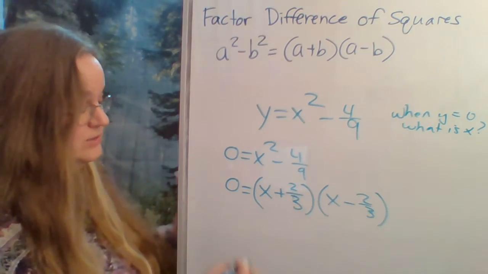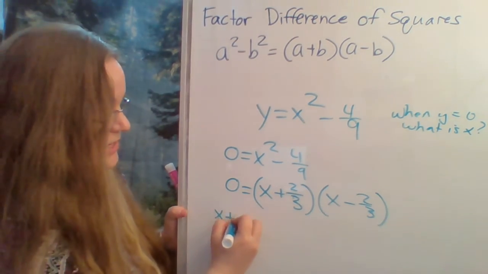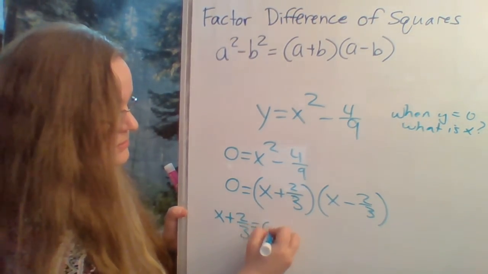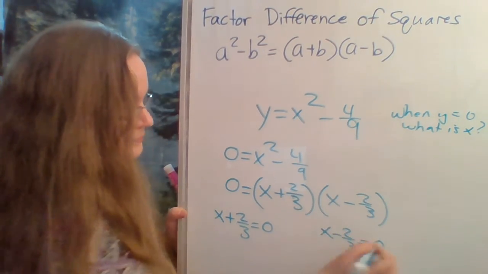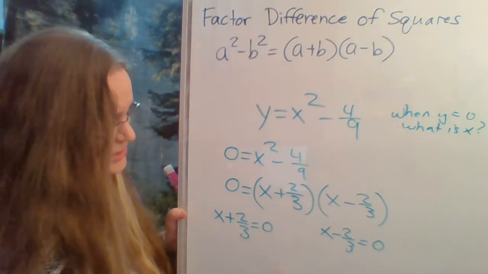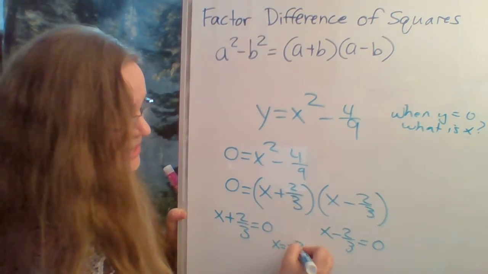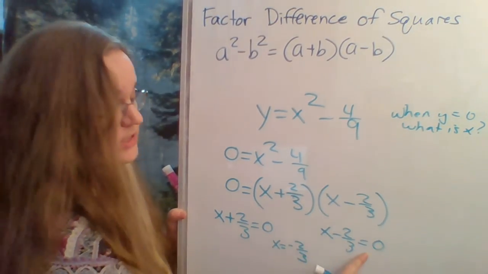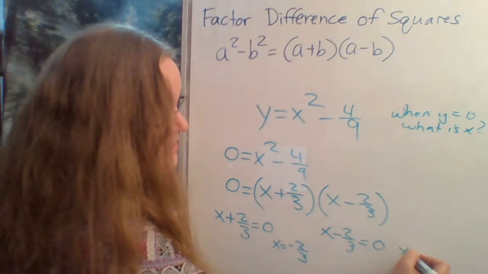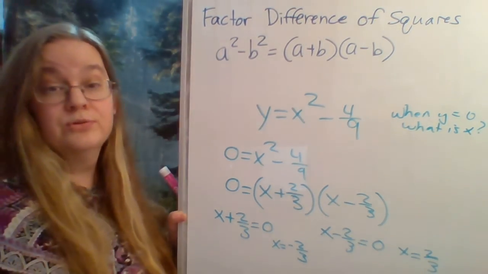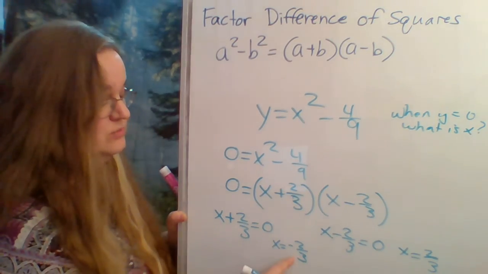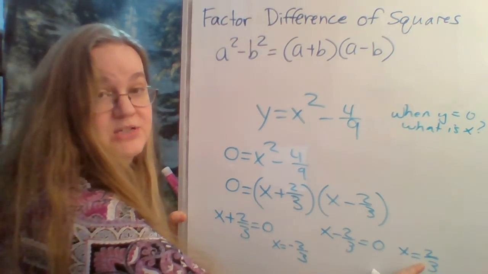If I want to tell you what the answers, the roots, are, I just make each of those equal to 0. When I subtract 2/3, I get x equals negative 2/3. And over here, when I add 2/3, I get x is positive 2/3. So the roots, or the answers to this equation, would be negative 2/3 and positive 2/3.